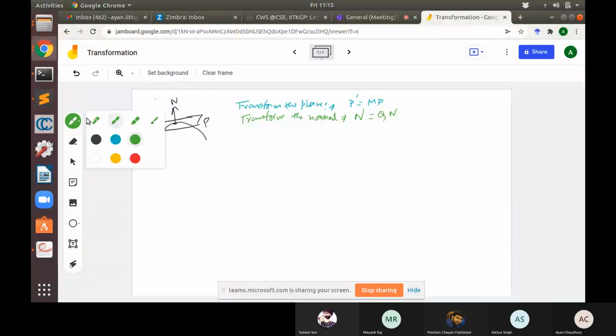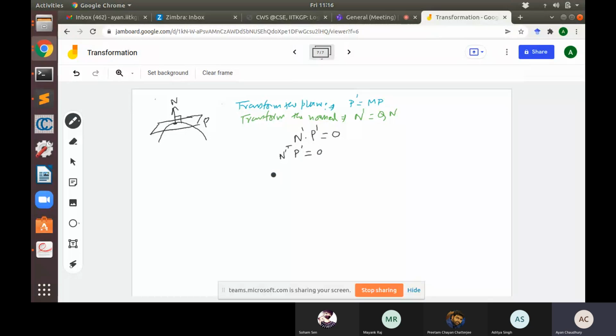Okay. So now this is a plane and this is a normal and this is 90 degrees. So what will be the value of N prime dot P prime? We take a dot product of this plane and surface normal. 0. Yes, exactly. So this is 0. So we just write it in a slightly different way. We take a transpose of N prime times P prime is equal to 0.